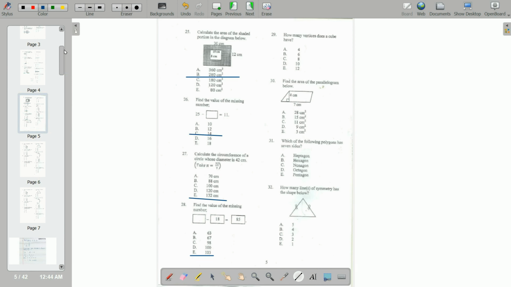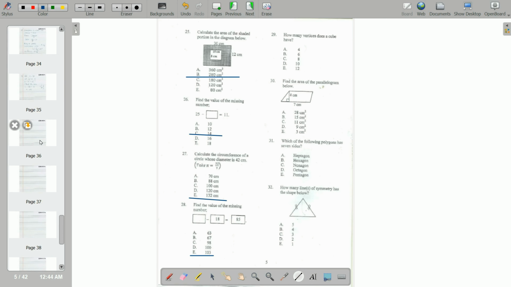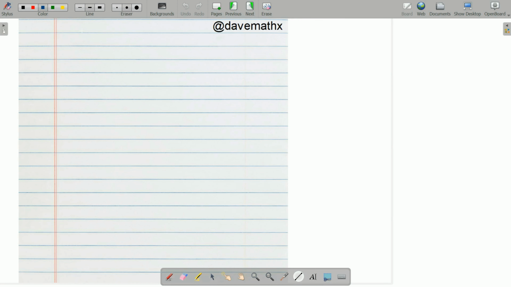Next is question 29. How many vertices does a cube have?